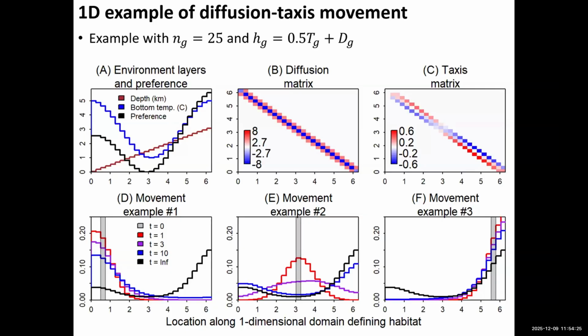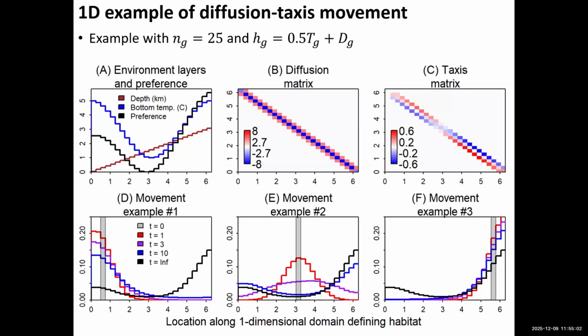And given some preference parameters, you calculate a preference function that's that black line in A. And just taking first differences of that preference function, you get this taxis matrix in C. The diffusion matrix is always sort of positive for adjacent spots and negative for your starting location. You sum together the diffusion matrix and the taxis matrix and exponentiate that, and that gives you movement.